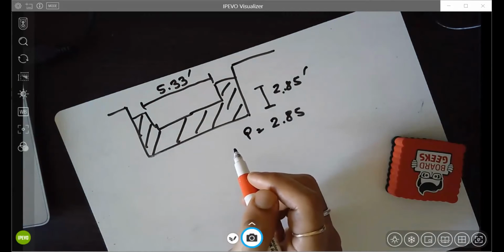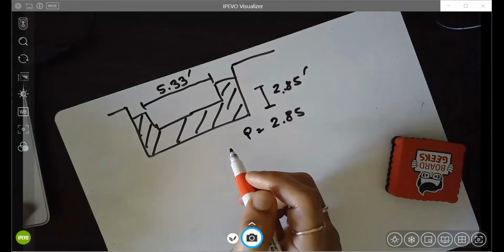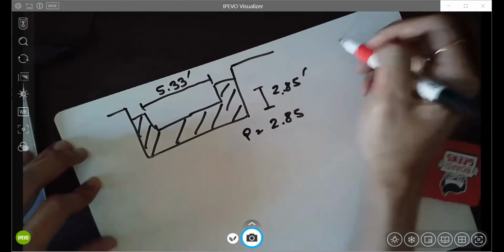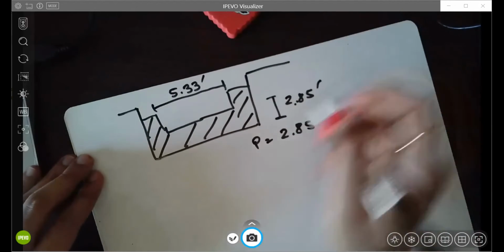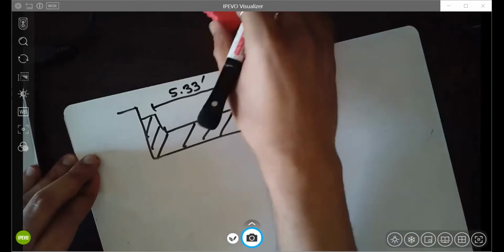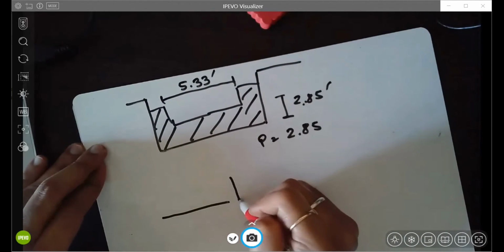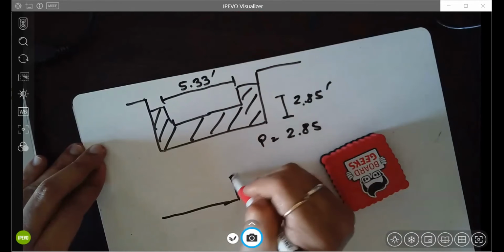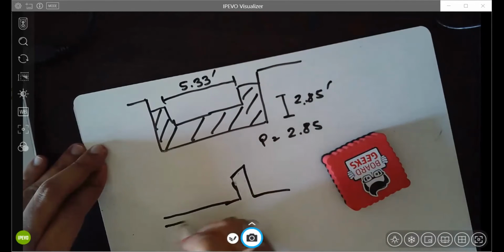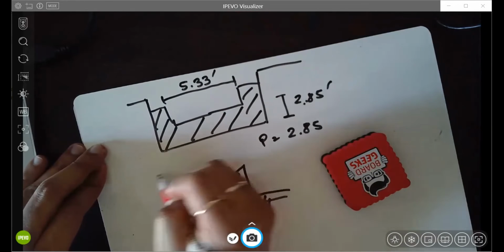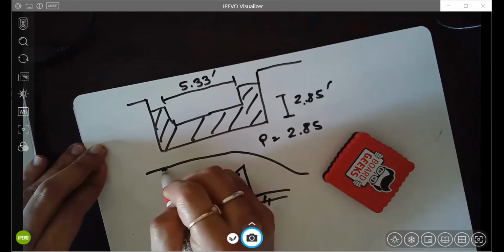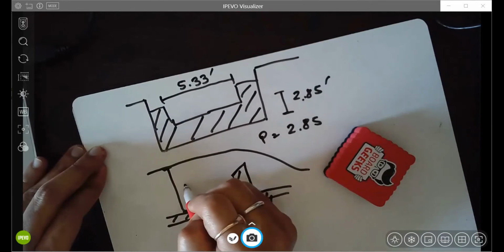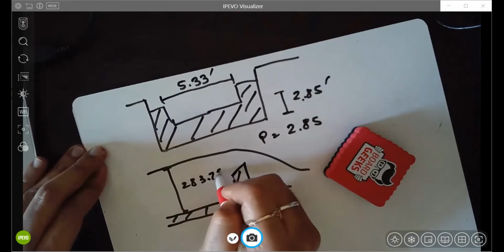Impoundment elevation 283.75. What is impound? Impoundment elevation is the water level. So this much is 283.75.